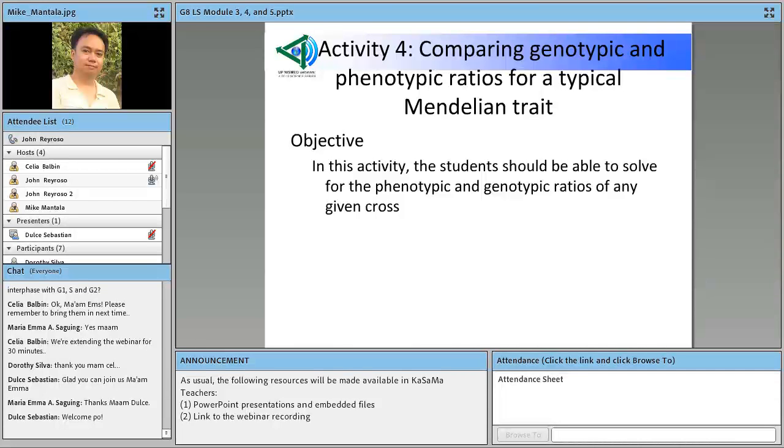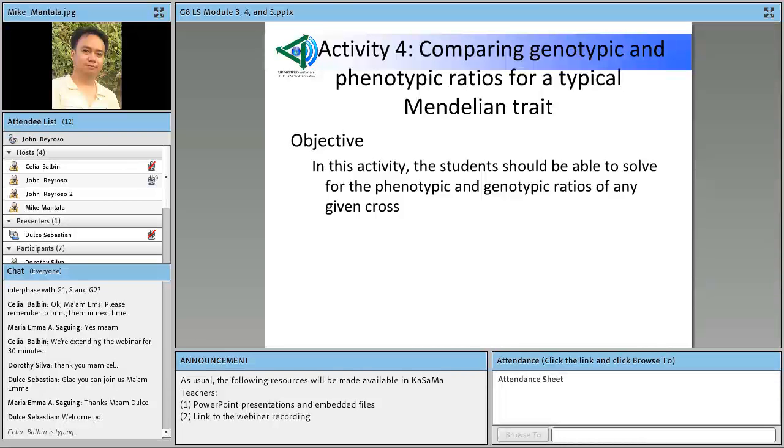We do not see the genotype of an individual. When a recessive trait is expressed, we know it's a recessive trait, and we know that it's of a pure breeding line.